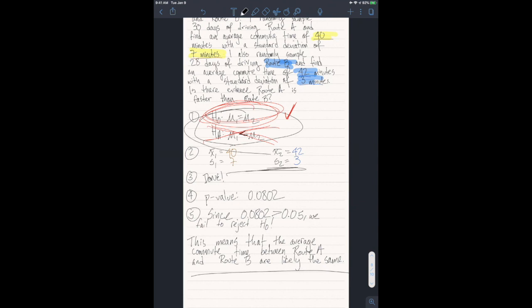You have to know what to enter into StatCrunch, but it does all the work for you to get that p-value, and then you use the p-value like we did with correlation and regression and hypothesis testing for one proportion. If the p-value is big, we fail to reject. If it's smaller than 0.05, we reject the null. So that is all. Please, please, please try the practice problems. And that's it.